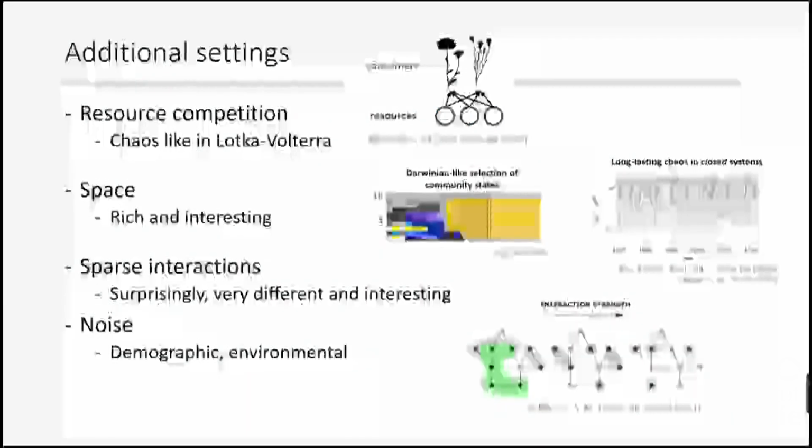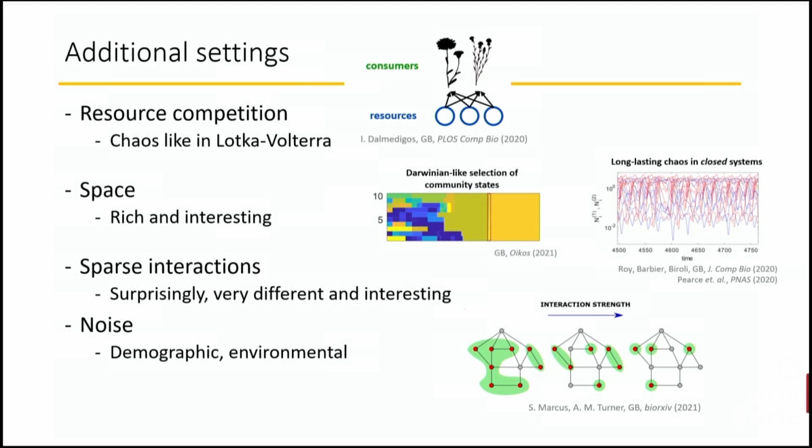It turns out that there's even a function that says which subsets of species, which solutions, will be the ones that spread through space, and it acts like a fitness. So at the level of a community, there's a Darwinian selection that we see, and we see how it promotes the growth of this fitness function. It's really thinking of the entire community as an organism, but in a very systematic way. Sparse interactions, again, unlike resource competition, are a whole crazy thing. It's very different from what you've seen here.